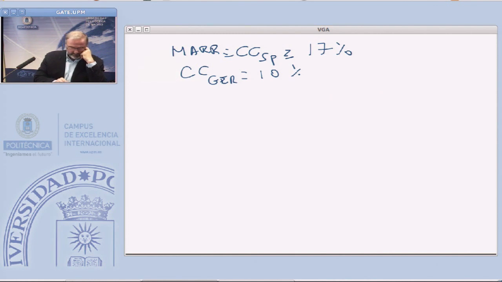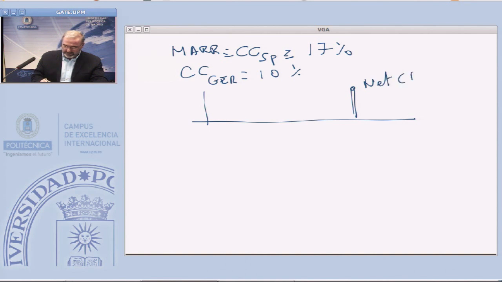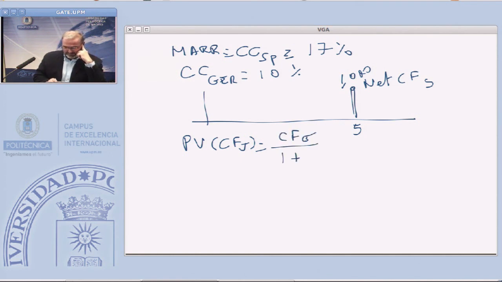Imagine this is the cash flow diagram, and we have a positive net cash flow in year 5 of 1,000. So we want to know the present value of this future cash flow. The present value of a cash flow in year 5 is equal to the cash flow of year 5 divided by 1 plus the cost of capital to the power of 5.